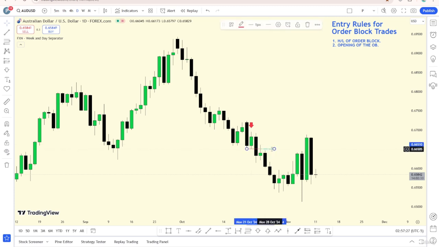That is the order block low, which is an entry point. That is the first entry point that you can consider for order block entry. The second entry point is the opening of that candle.